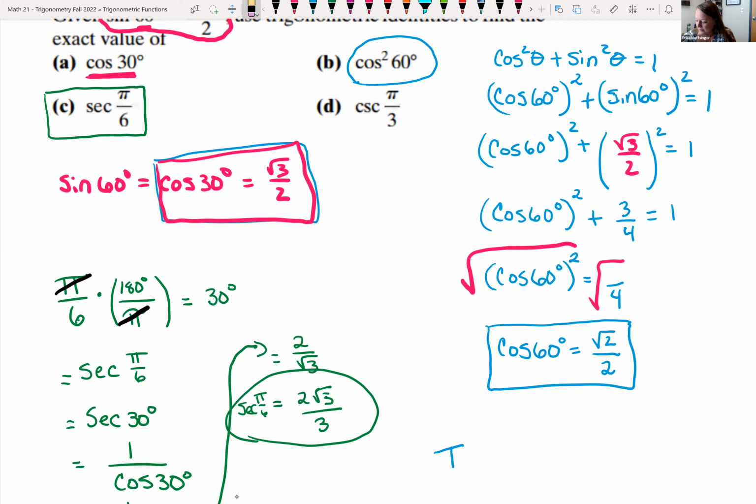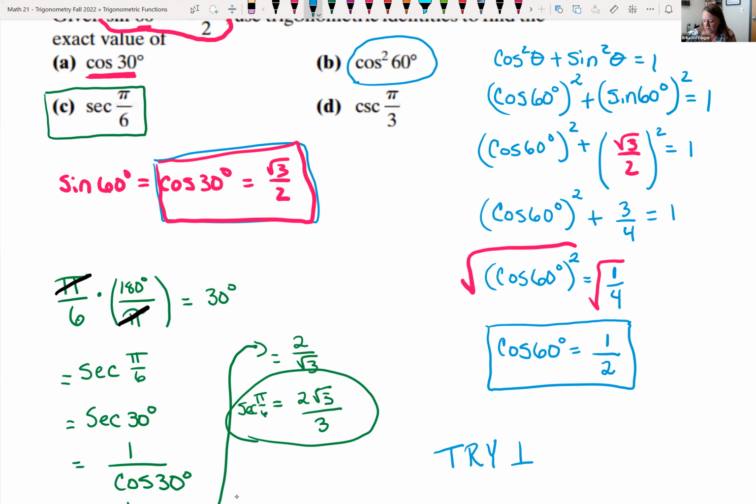Thank you for stopping me and doing that. It's 1/4. So that's going to change things a little bit. So the square root of 1/4 is going to be 1/2. So cosine of 60 degrees should be 1/2. Thank you for catching that.